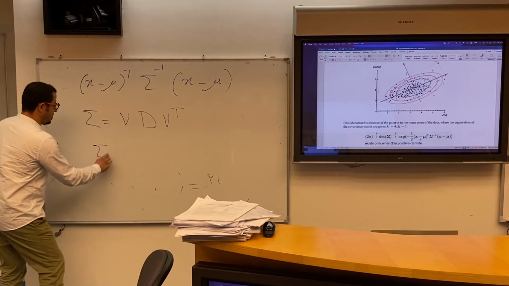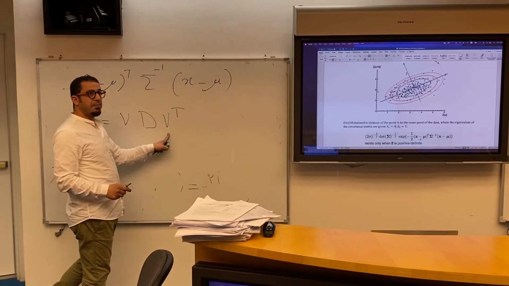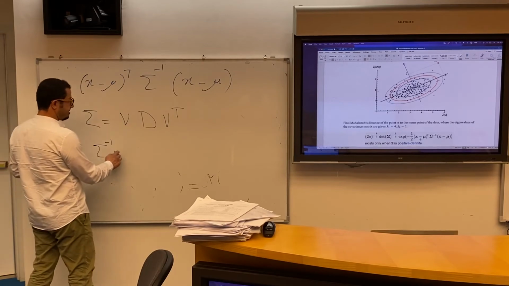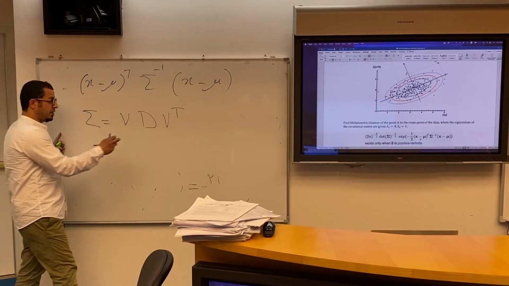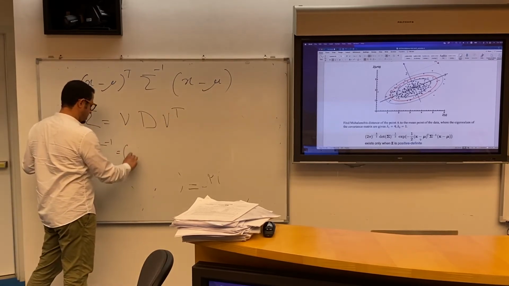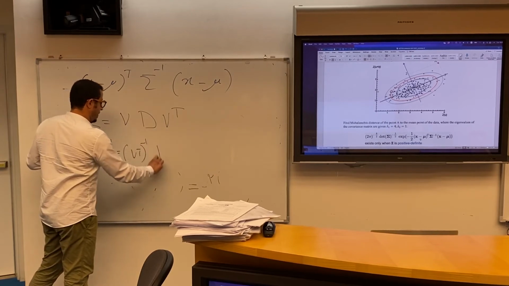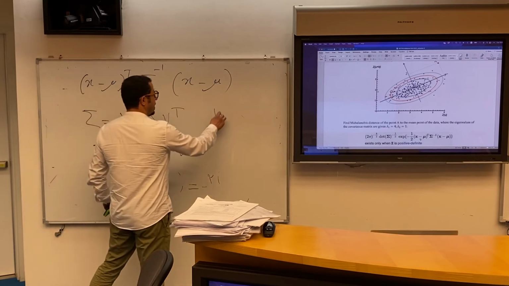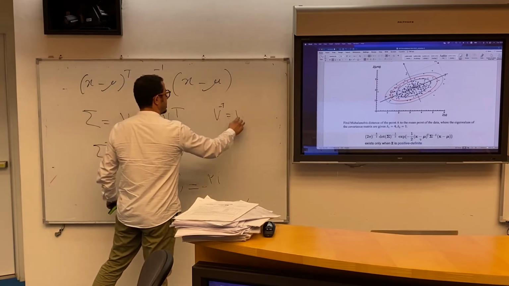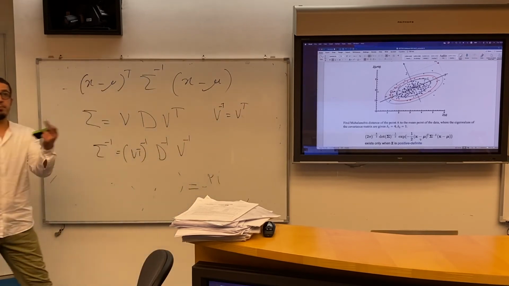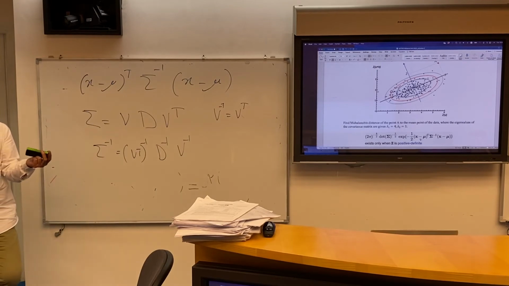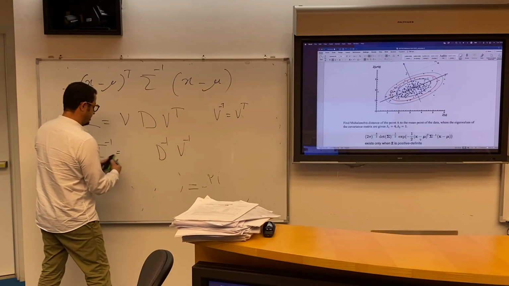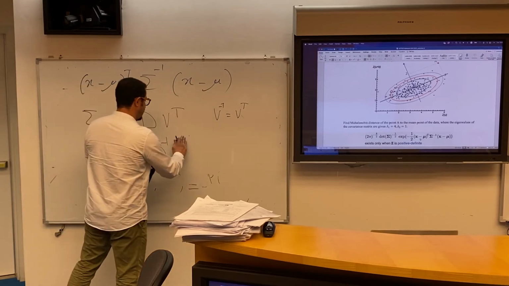The inverse of this, and the inverse of this. We know that the inverse of V is V transpose, so if you multiply them, you get the identity matrix. So here will be V, and here will be V transpose.